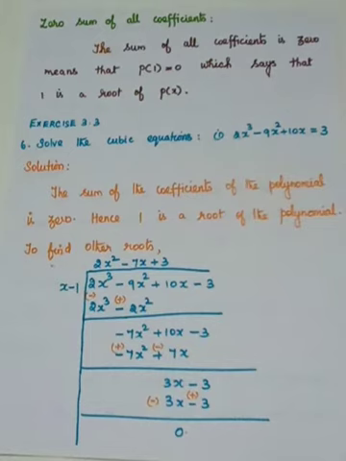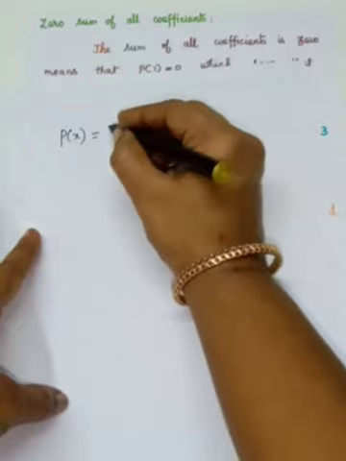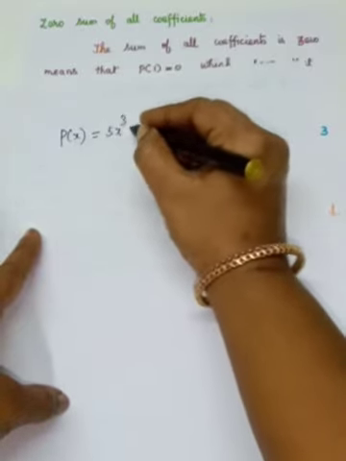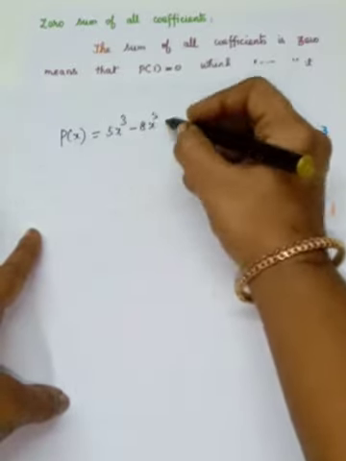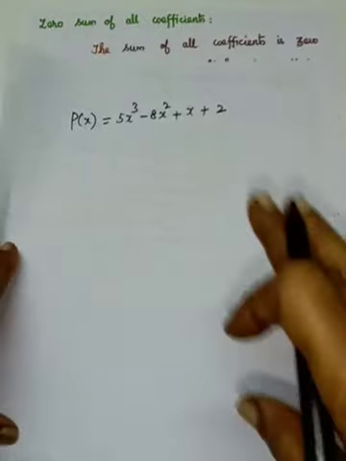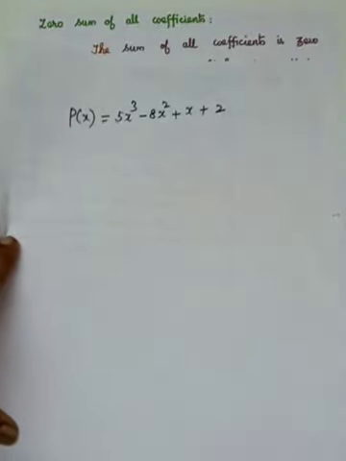So for example, I am going to take the polynomial p of x. What is it? P of x is nothing but 5x cubed minus 8x squared plus x plus 2. Okay, so this is the polynomial I have taken. So now I am going to add the coefficients of all the terms.